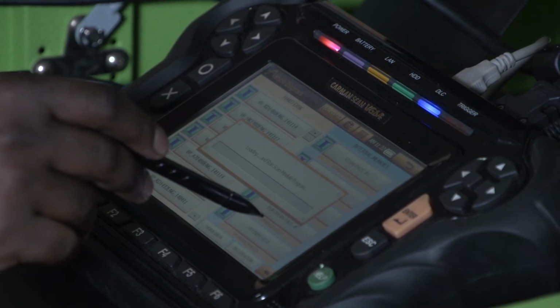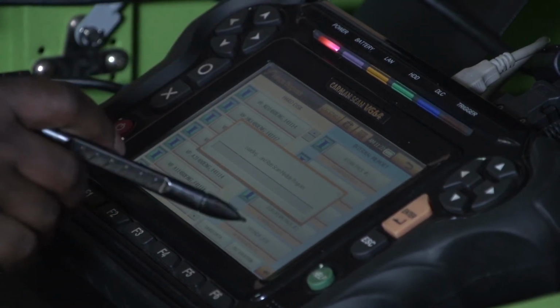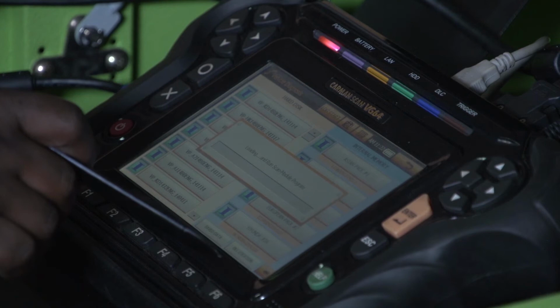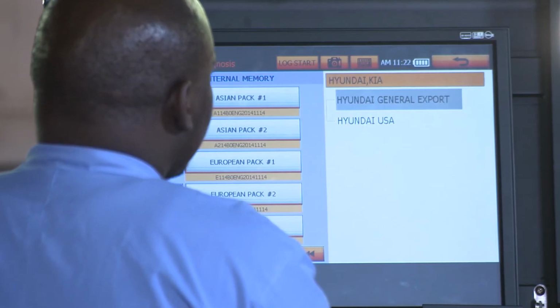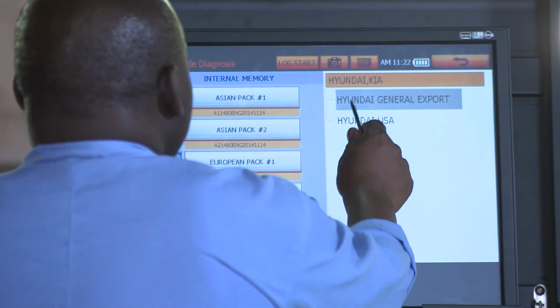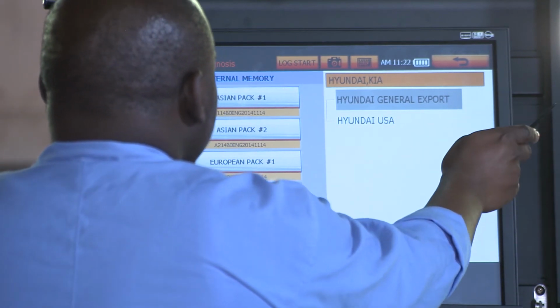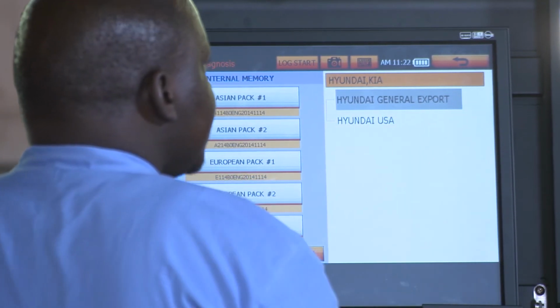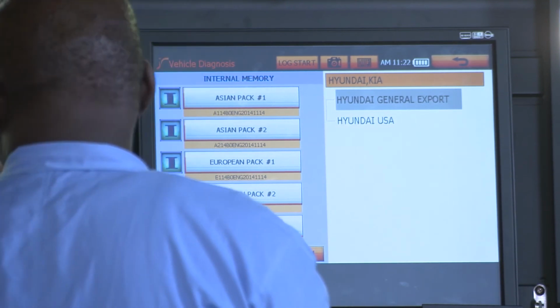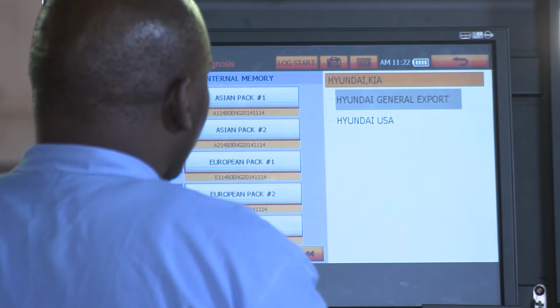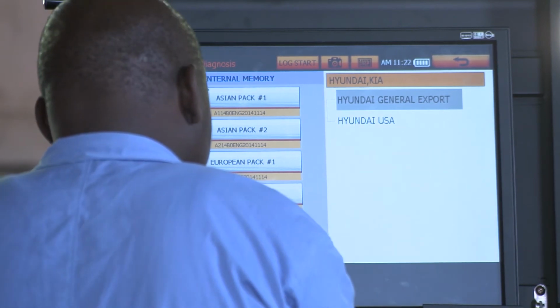And we have to wait for communicating. In the Hyundai, there are two categories. There is Hyundai for export and Hyundai made in USA. For us, it is from Korea, but not local, for export. We go for export.